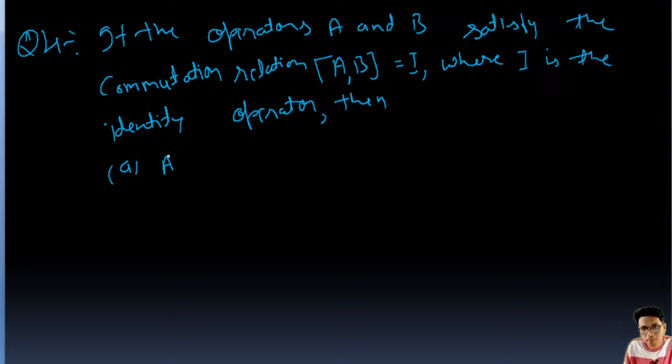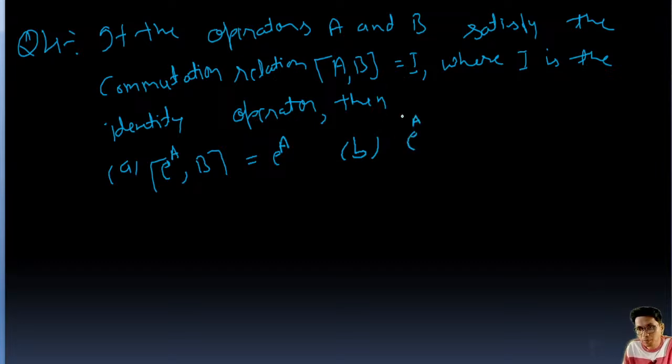The options are: option A, [e^A, B] = e^A [A, B]. Option B, [e^A, B] is going to be [e^B, A].